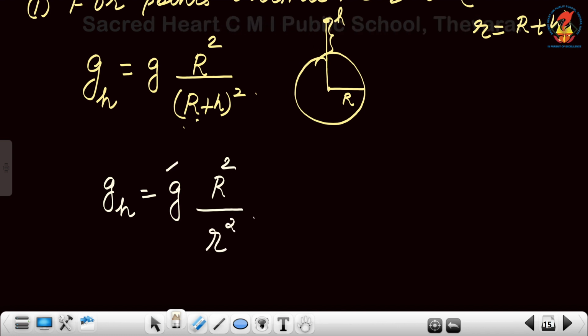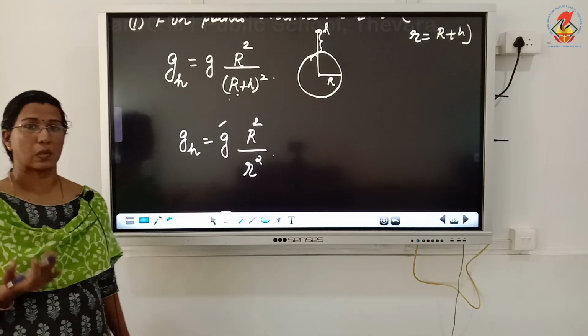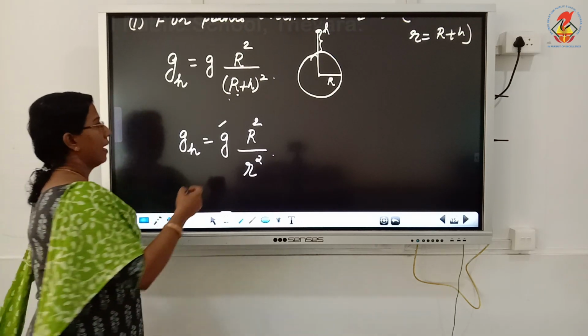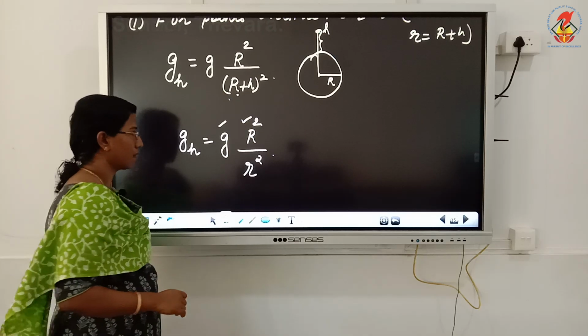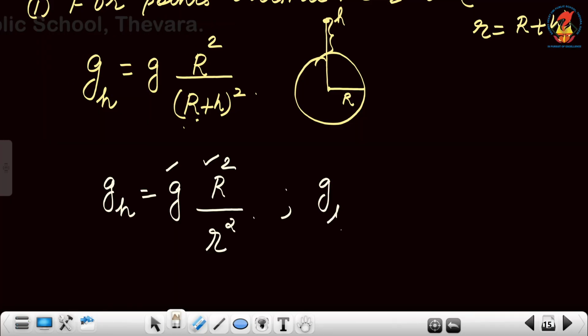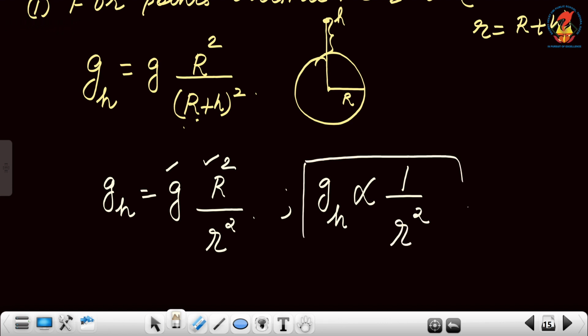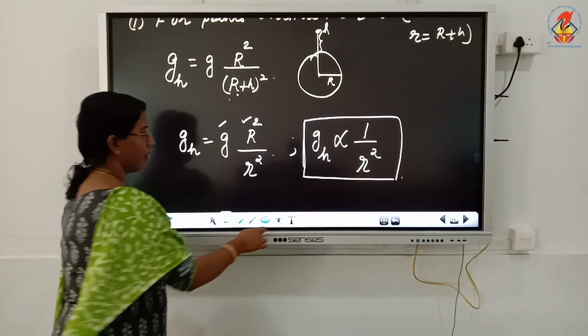Now this g is a constant for a particular area, for example for the equator it is a constant value, and R is also constant. So we can write g_h is proportional to 1 by r square, which means acceleration due to gravity varies with height.